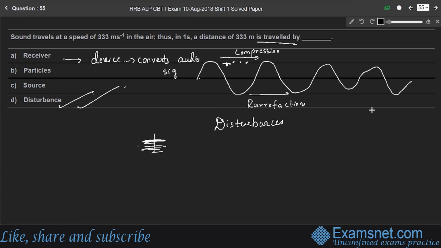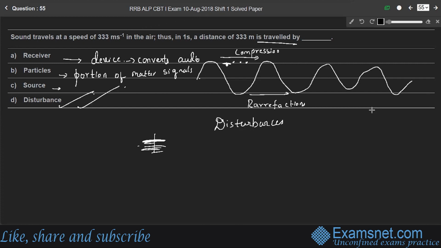A particle is a small portion of matter. Whereas sources are objects which encode message data and transmit the information via a channel to one or more observers or receivers.